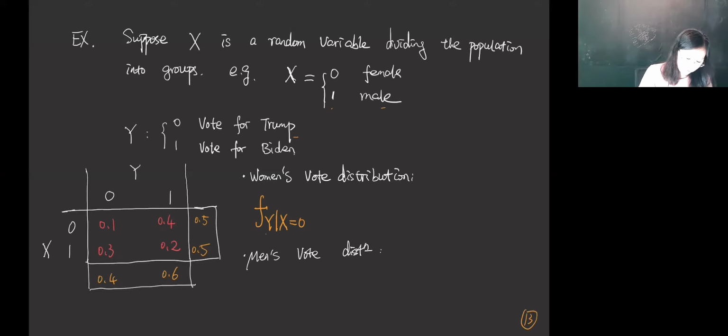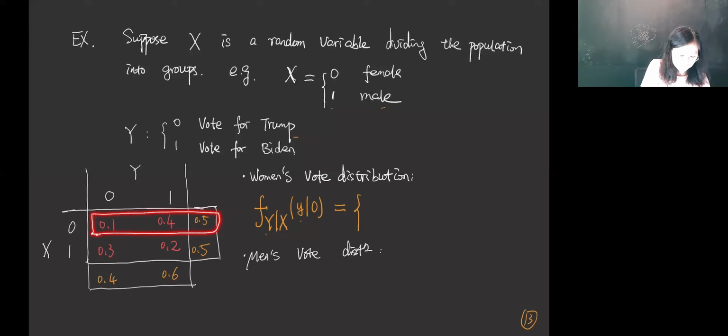So f of y given that x equals 0 has two possible values, because y could take 0 or 1. Now, because we're considering women's vote, that's x equals 0, so only the first row matters. We consider the distribution described in the first row.